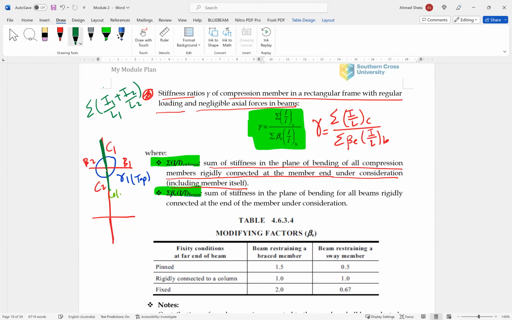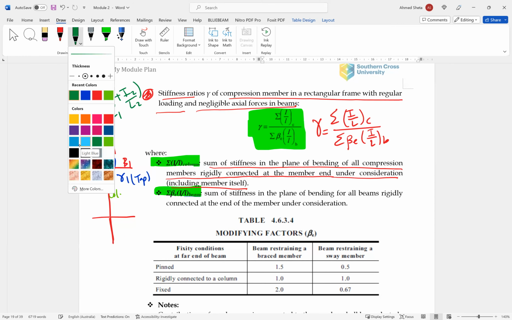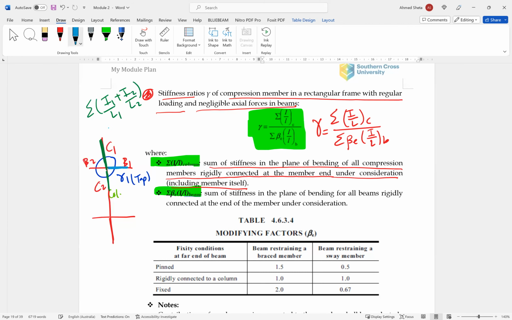This is the columns. For the beams, you will have summation B1 and B2, so on the bottom, summation of IB1 over LB1 plus IB2 over LB2. And that's it.